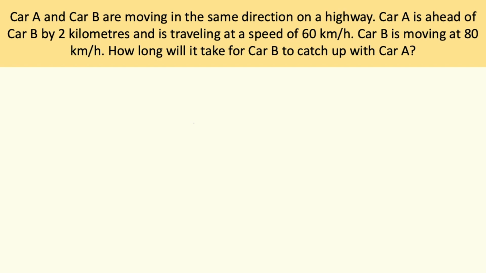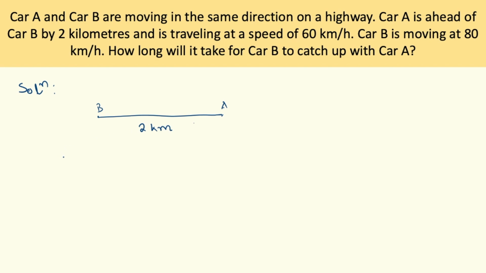How long will it take for car B to catch up with car A? Let us first put this into pictorial representation. Let this be the straight road where car B is chasing car A and the distance between them is 2 kilometers.